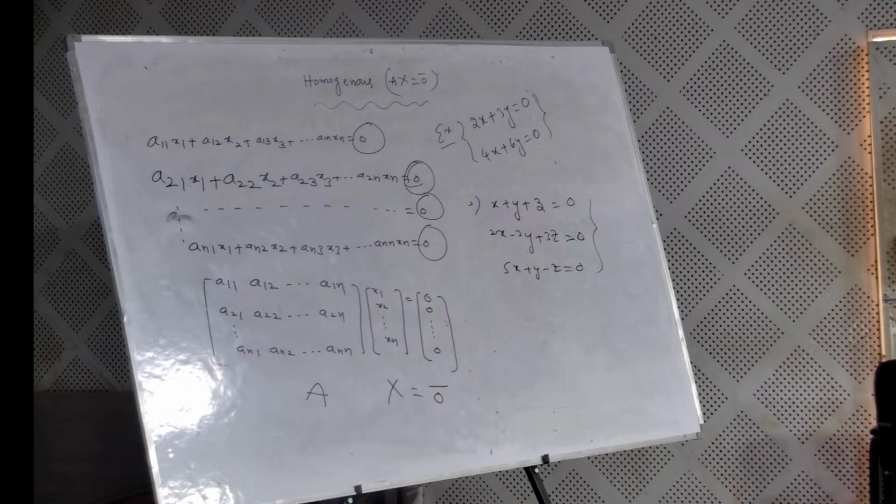What is 0 bar? 0 bar is a column matrix that contains zeros. You are not understanding. Your focus is somewhere. Sit. Don't repeat.